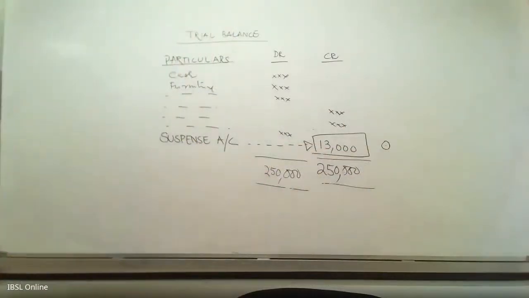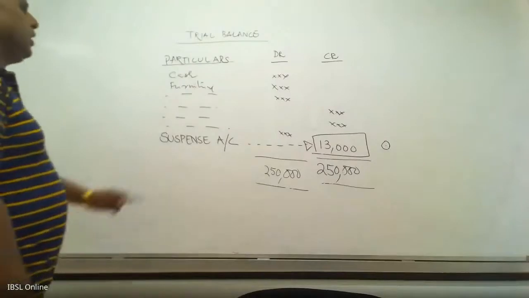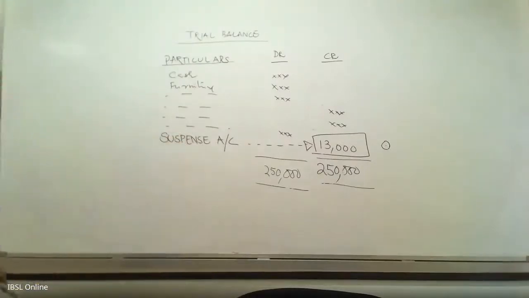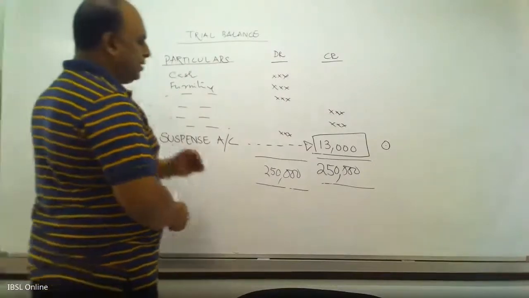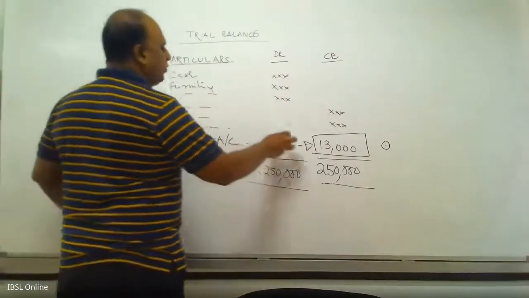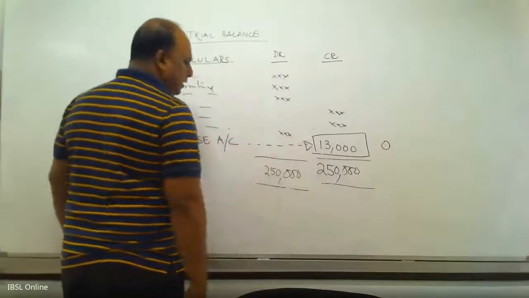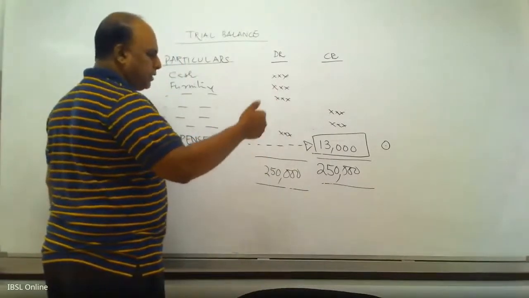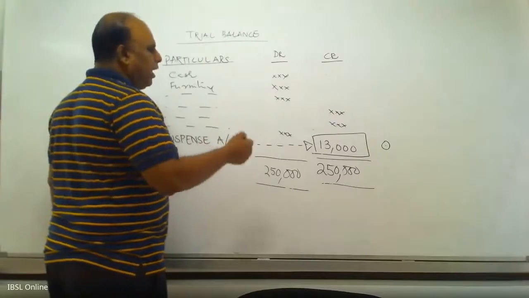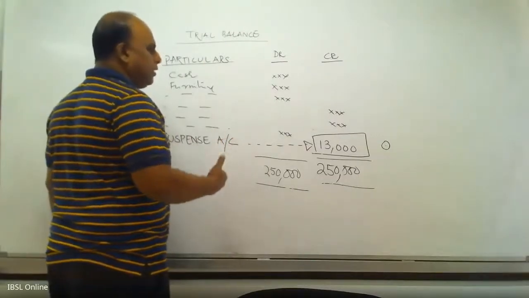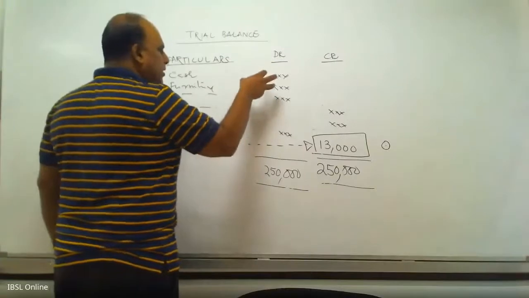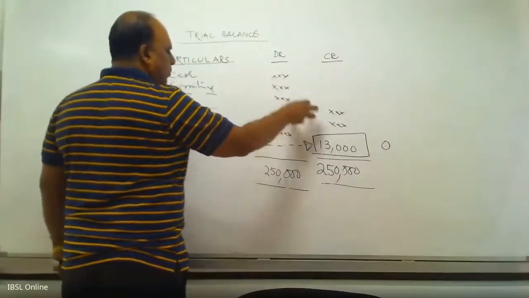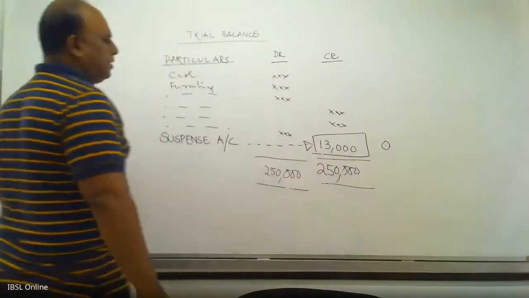And this comes in as a question in your exams, where they will give you a trial balance which is not balanced. So forcefully you make a suspense account and balance it. And then they will give you certain items, descriptions, where you need to identify and understand those and pass accounting entries for those so that this gets wiped off.